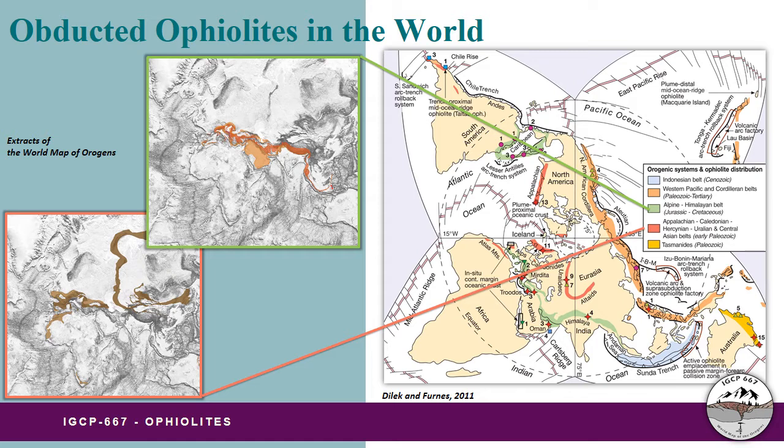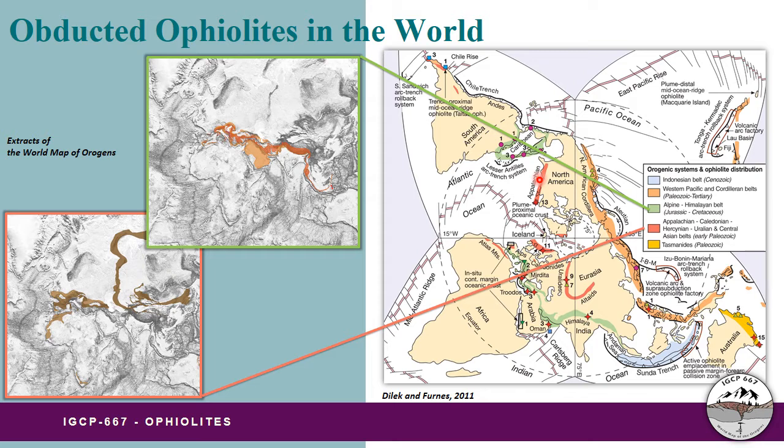Some of the main ophiolite emplacements can help us to determine the major orogenic events. For example, the Paleozoic ophiolites along the Appalachian-Caledonian orogenic belts formed in the Iapetus Ocean between North America and the Baltica-Avalonia continents.